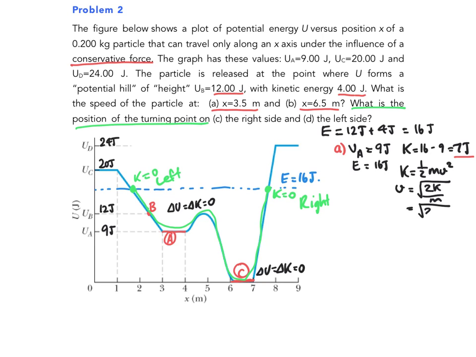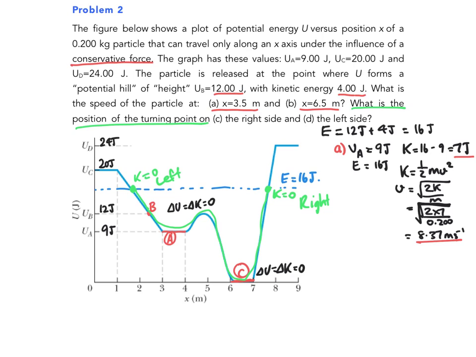Just the square root of 2 times 7 divided by 0.200. And that comes out to be 8.37 meters per second. So in region A, that's our velocity. And it's not going to change because there's no change in the kinetic energy in that region.